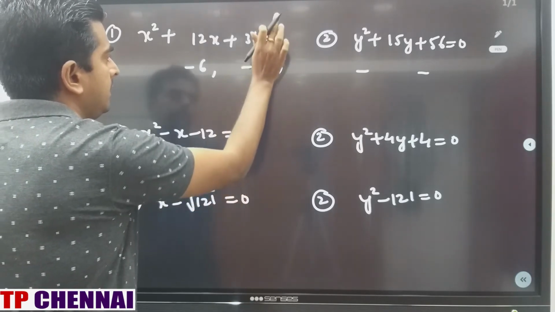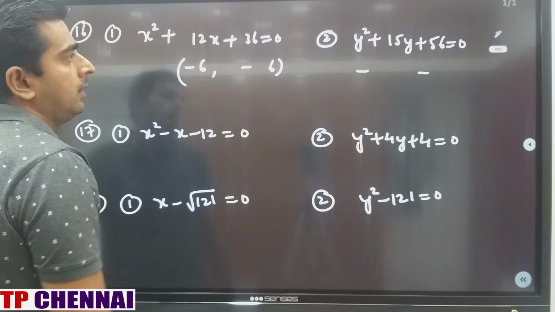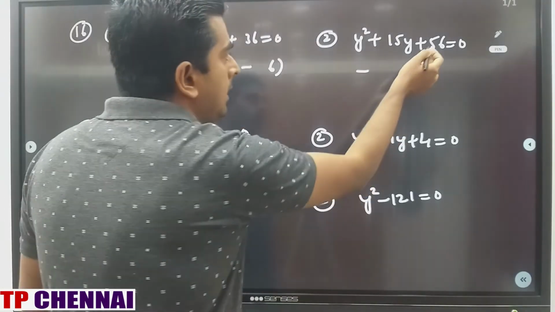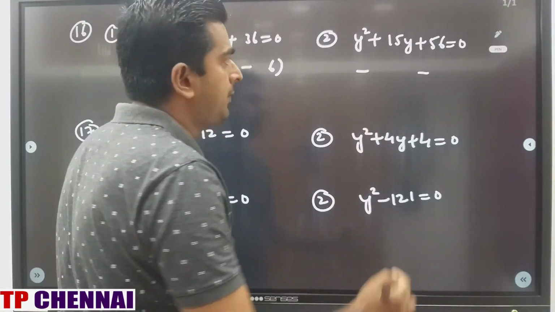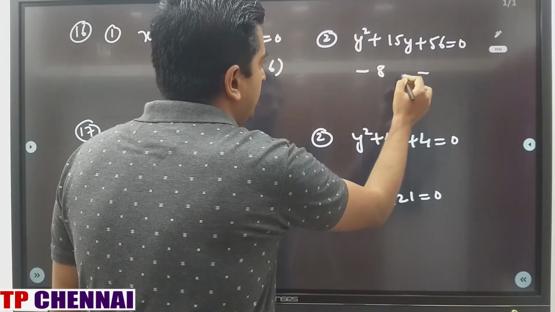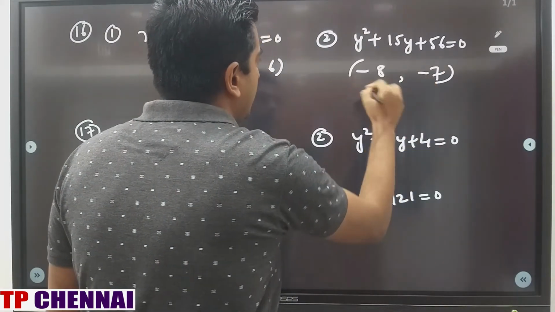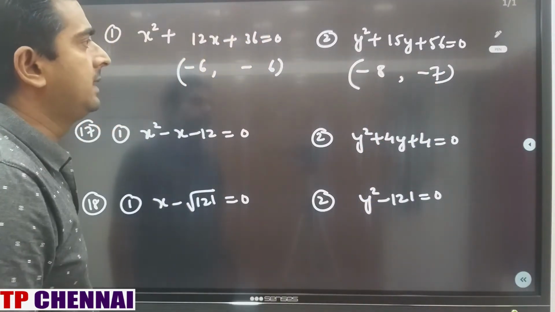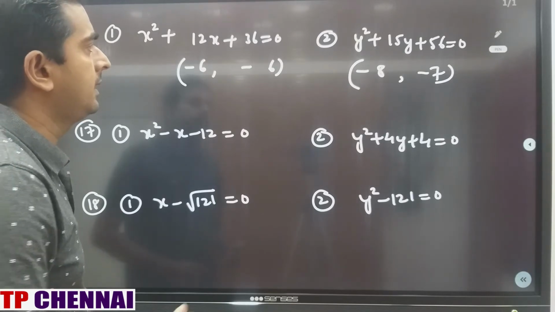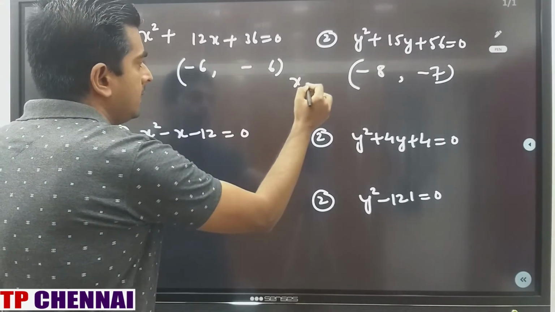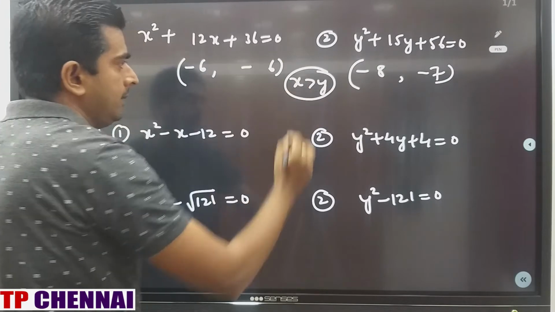This is 6 6. And here it is 56, when you multiply, when you add 15, so 8 and 7. Right? Then we have to compare x greater, y greater. So my answer is x greater than y.